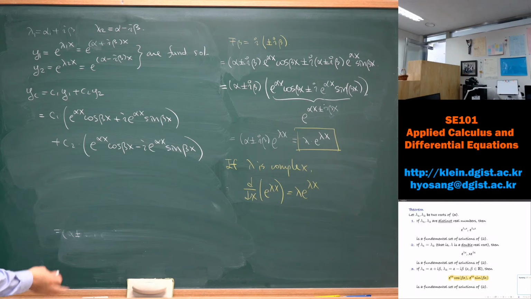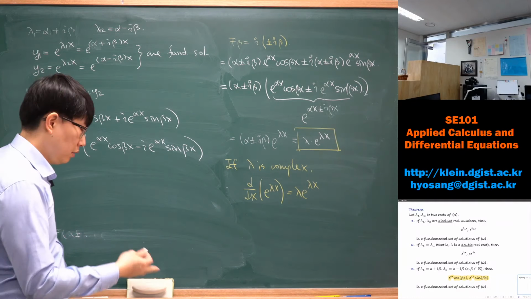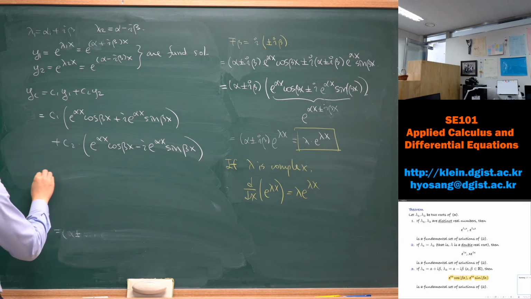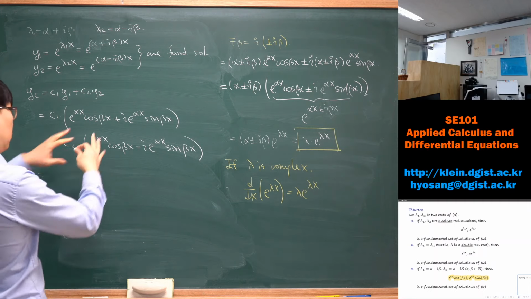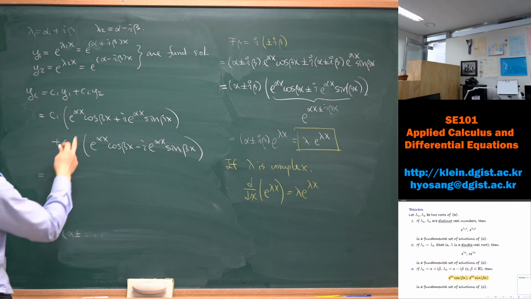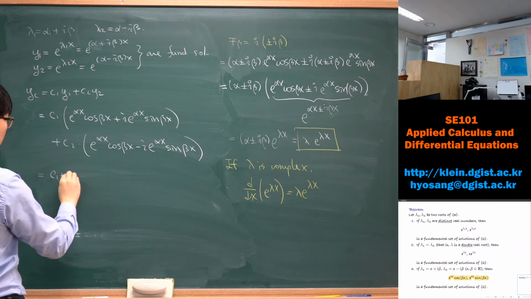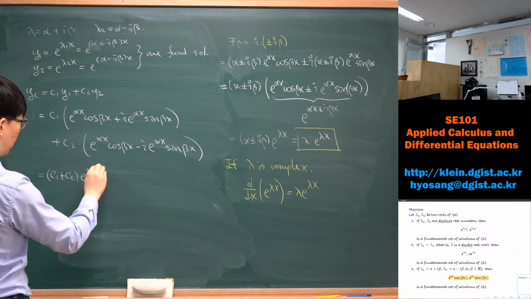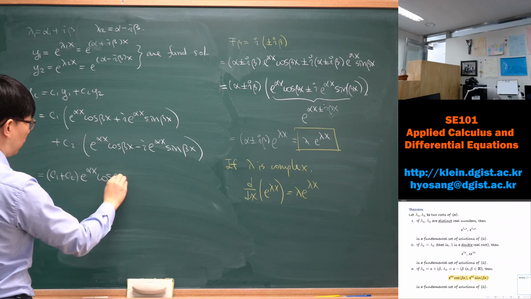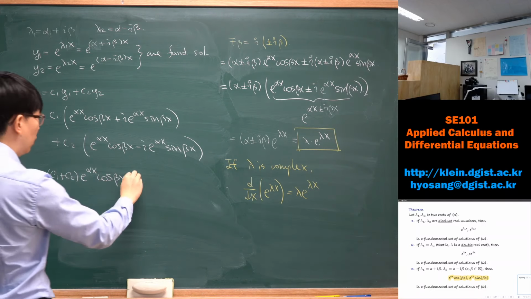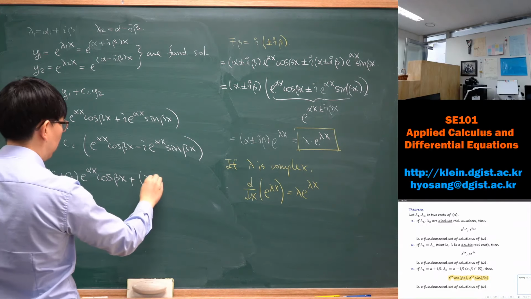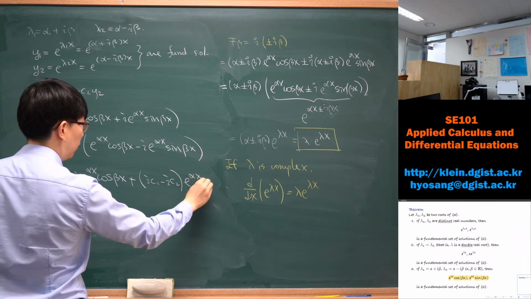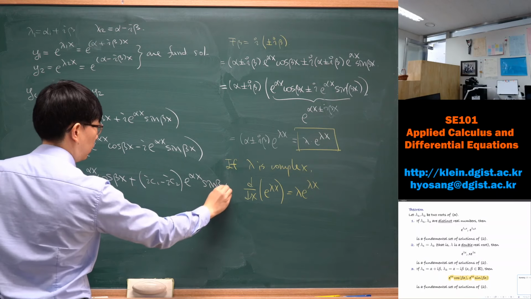However, it's not a complex number if you plug in the real initial conditions, because you can rearrange these functions so that C1 plus C2 is our constant coefficient of e to the alpha x cosine beta x, and here we have I C1 minus I C2 times e to the alpha x sine beta x.